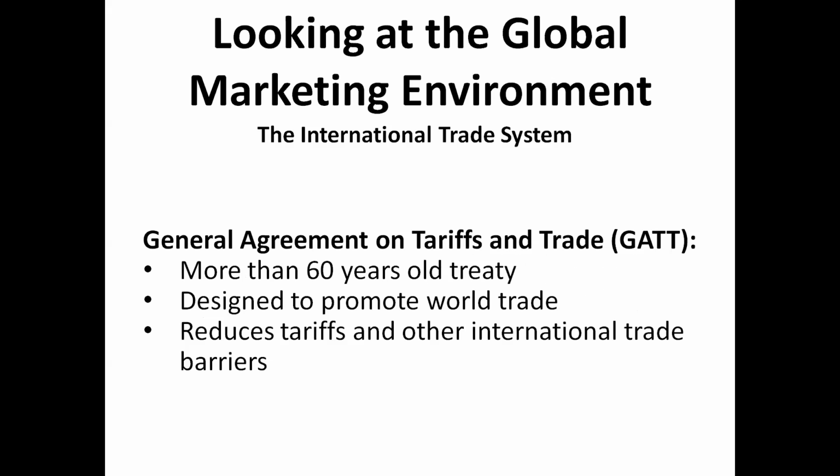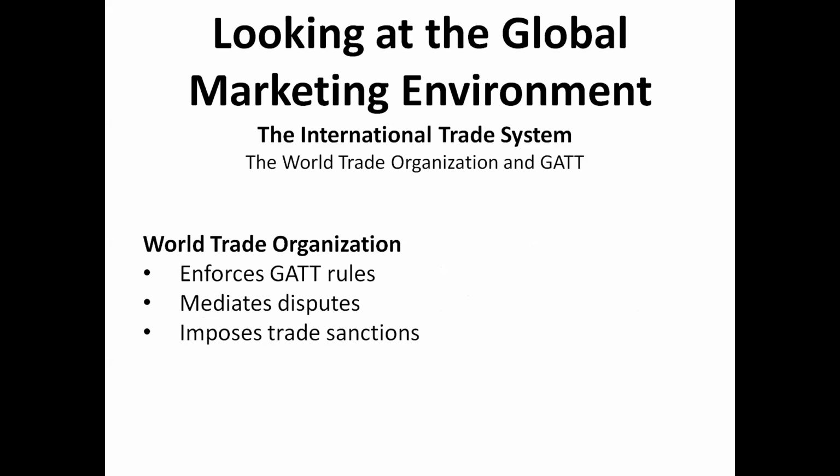The General Agreement, GATT, is a treaty more than 60 years old. These are government treaties, WTO treaties, and you must know them. The WTO, World Trade Organization, enforces GATT rules, mediates disputes, and imposes trade sanctions. That is what the US is doing now, trying to impose sanctions on Syria and North Korea and so forth.